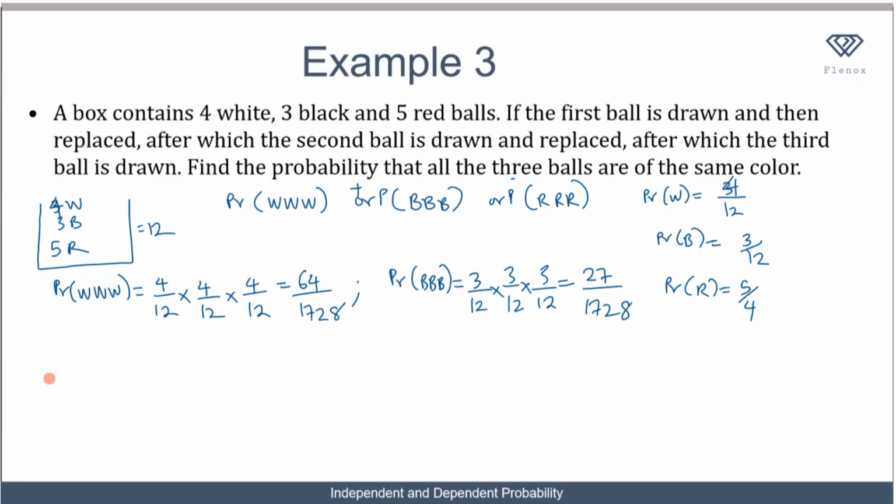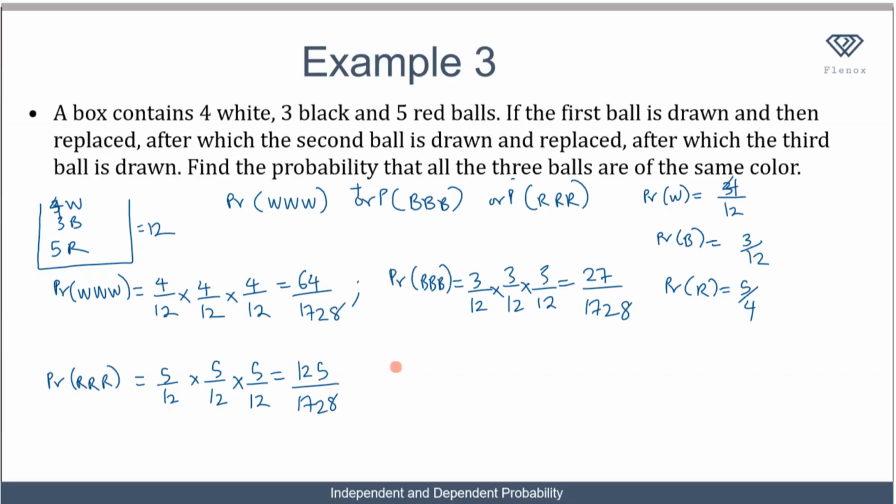And finally, the probability of having 3 red balls will be equal to 5 over 12 times 5 over 12 times 5 over 12. And what would that give me? 125 over 1728.